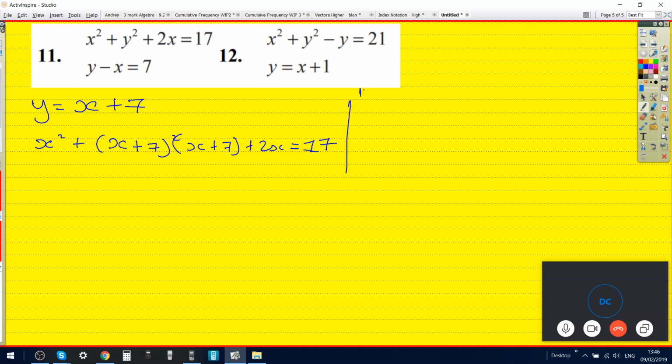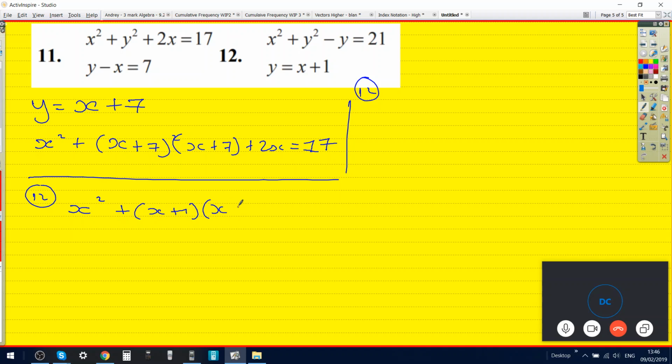Okay, how do we do question 12? Seems similar to the other one. So x squared plus (x plus 1) in brackets, (x plus 1) again, minus y equals 21.